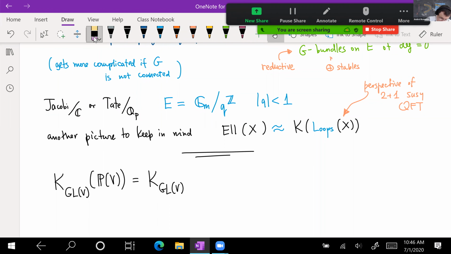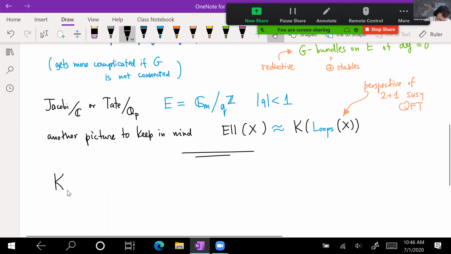And this is actually true for any group G, it doesn't have to be the whole GL_V, so we take a group G that sits inside of GL_V.